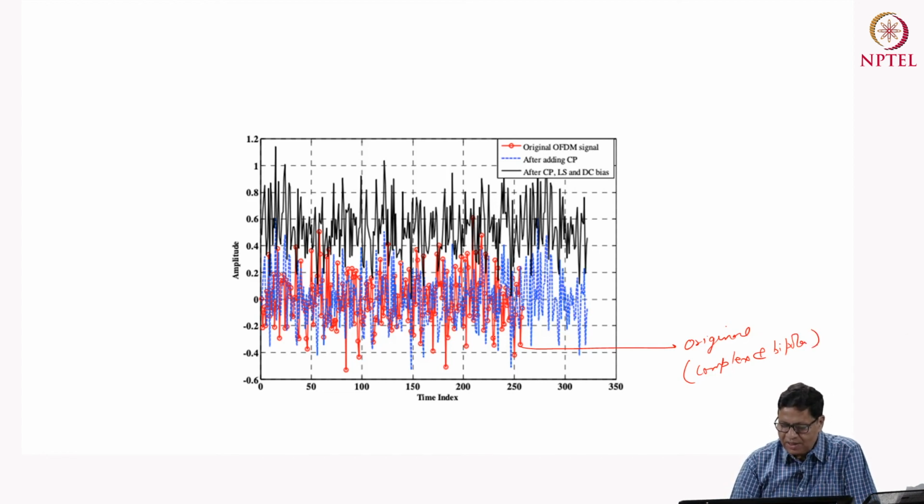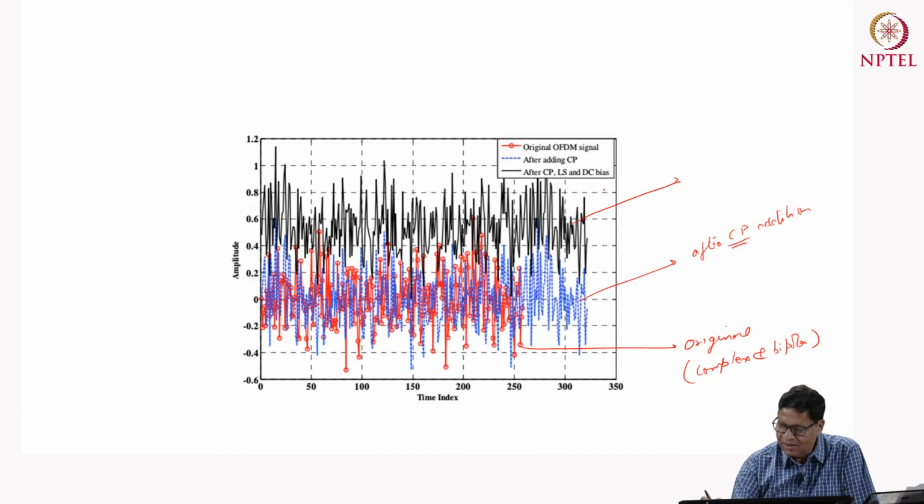And this blue is actually after adding the cyclic prefix. So some portion is appended here, so the overall symbol length has increased. This is after CP addition. And this black signal which you see here has the CP, and some linear scaling has been done, and some DC bias added to it, so that the total signal is above this DC line and is all positive.